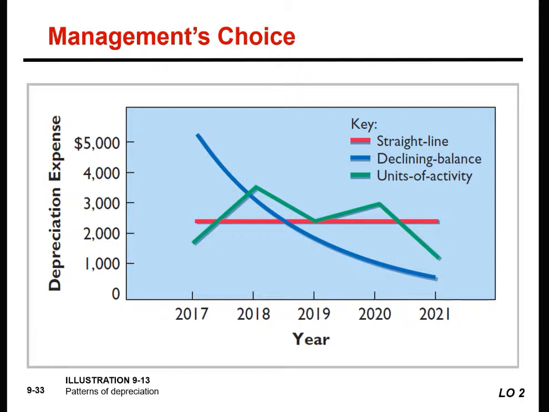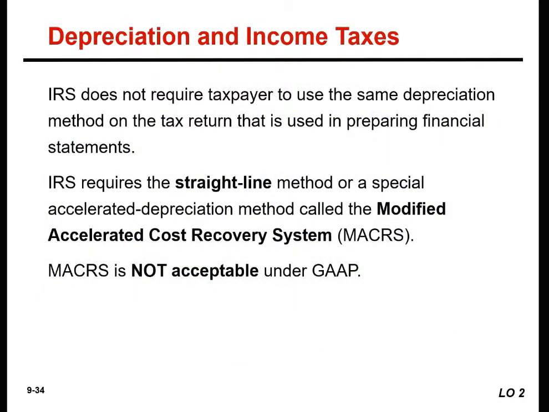GAAP requires that we use one of the systematic methods. However, in one of the many instances where GAAP and the Internal Revenue Service do not agree, the Internal Revenue Service does not require taxpayers to use the same depreciation method on their tax return.